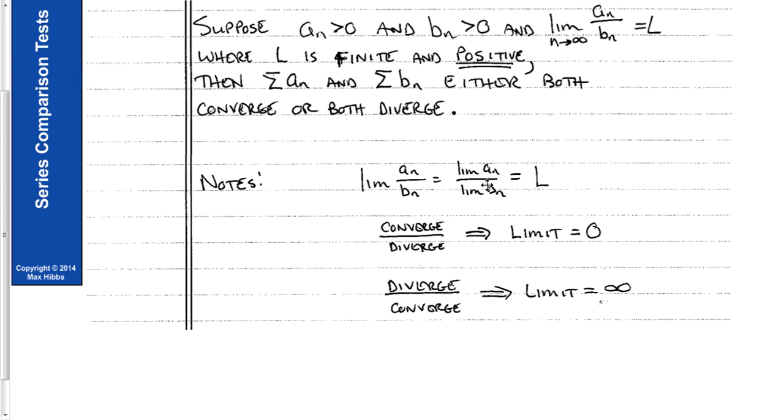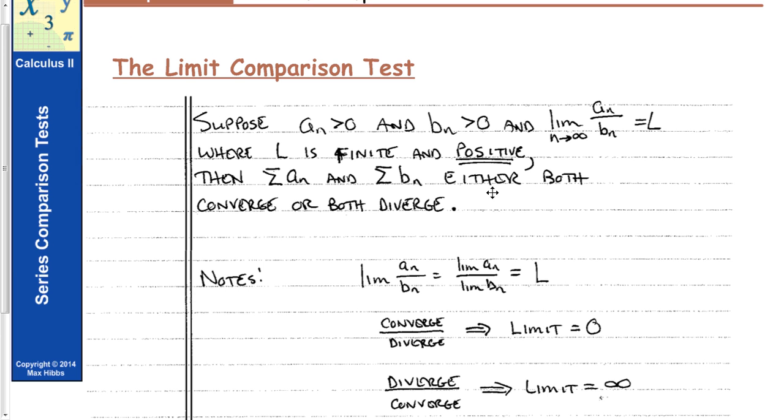But if we have a divergent series here, the limit here has got to go to 0, and so the limit would have to be infinity, not L. And I mean, that's just a rough talk. We don't really need to be concerned. I'm trying to convince you that it makes sense of what this limit comparison test says without a formal proof. And certainly I haven't given it a formal proof. Okay, well, let's see about using it.